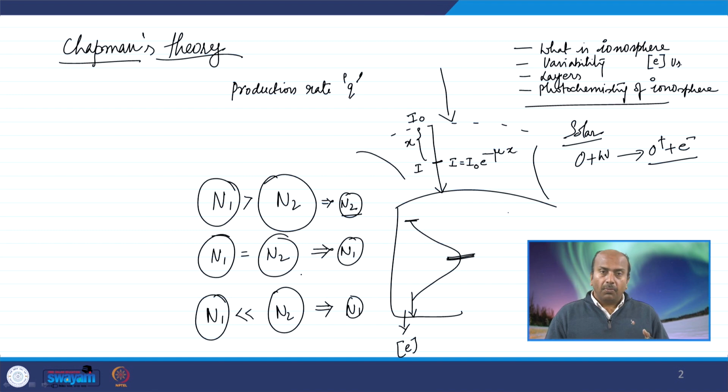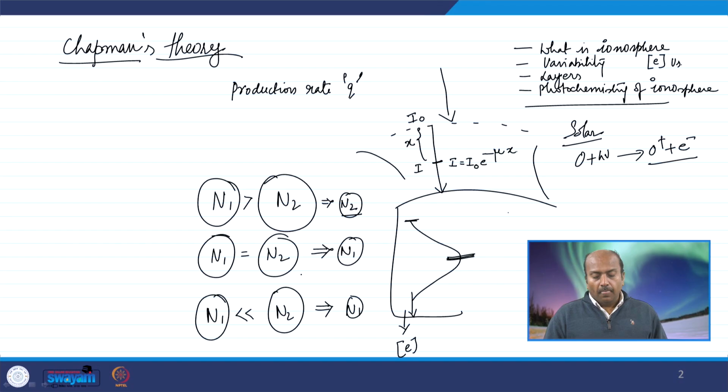It is just a competition between the number of photons available and the number of neutral atoms available for ionization, right. Starting from the top of the ionosphere, moving towards the surface, it is always an interplay between these two things. One, intensity is decreasing, same story again and again.